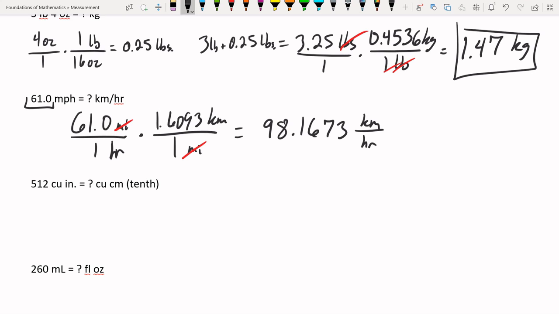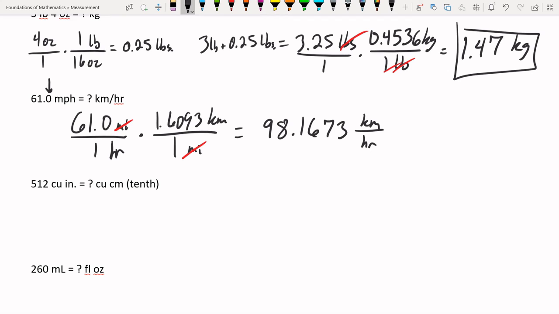In 61.0, there are 3 significant figures. That's because 61, those are both non-zero digits. And this 0.0, if you have something written as 0.0 or 0.00, that means you have something measured to that accuracy. In this case, it was measured to the tenth place accuracy.